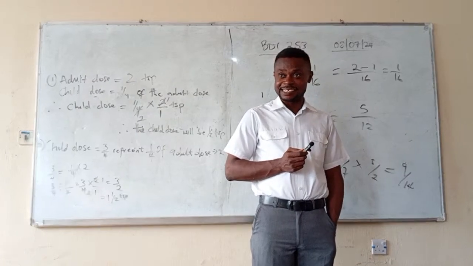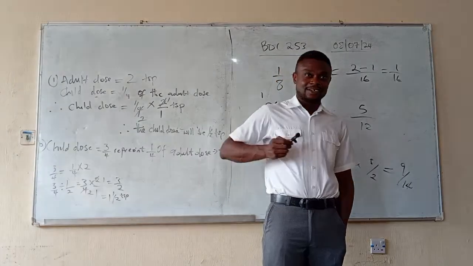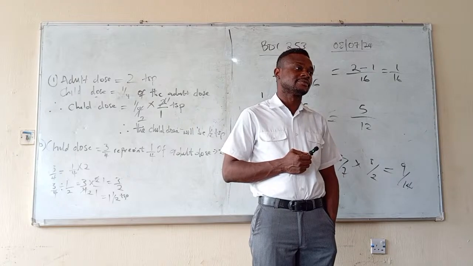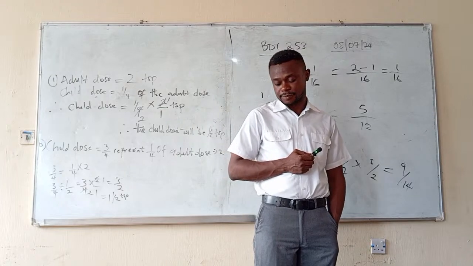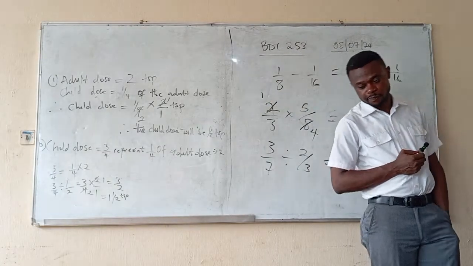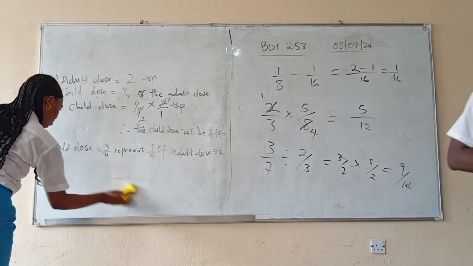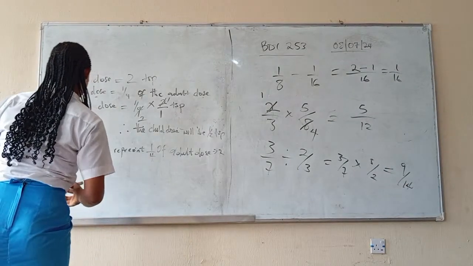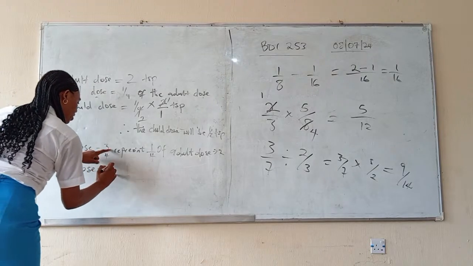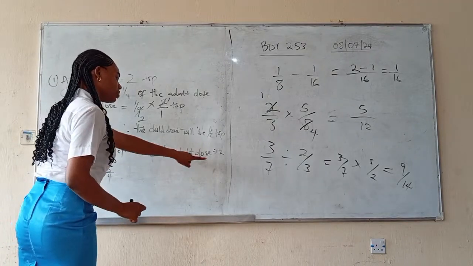Is that clear? If not, come and write what I said now on the board fast. We say the child dose is equal to 3/4, representing 1/4 of the adult dose.